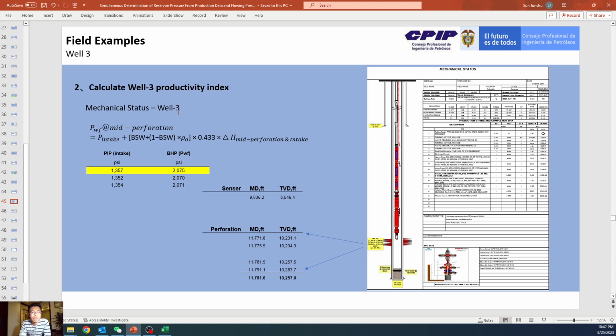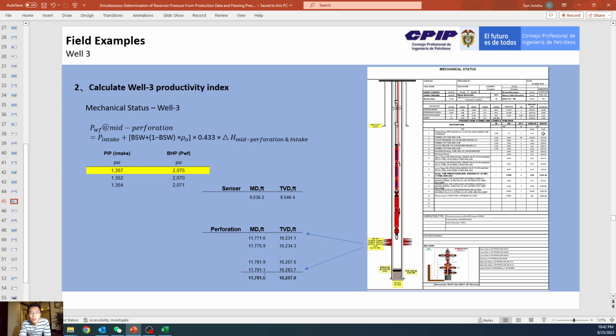Mechanical status of well 3. The sensor is put at 8,546.4 feet TVD. 2 perforation layers.